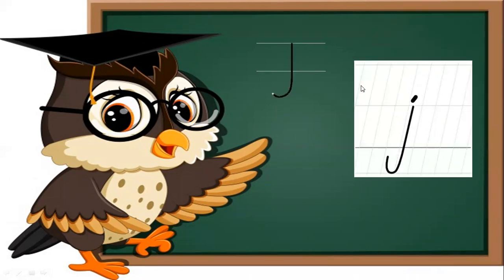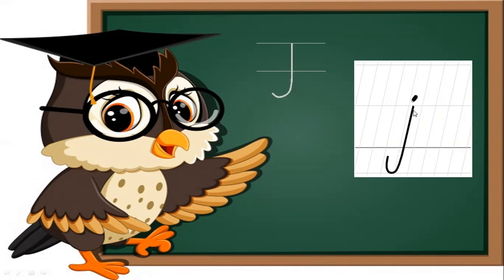Understood? Now our small letter j starts from the middle, from the center. Then go down, draw a standing line, then slightly curve towards the left and put a small point at the top. Understood? How will you draw?